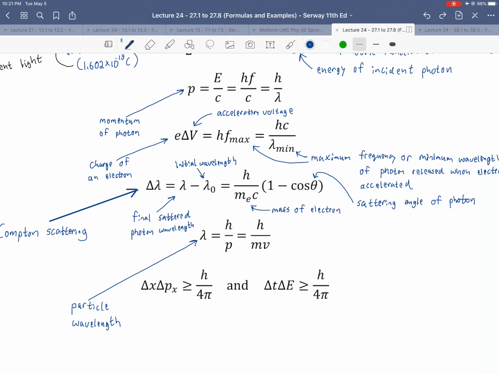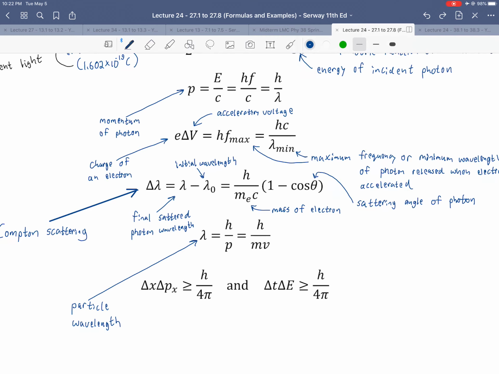All right, so that's the idea. This leads to things like electron diffraction, just like you can have wave diffraction through slits. So single slit, double slit, wave diffraction of electrons, much like we talked about in our physical optics chapter for light.